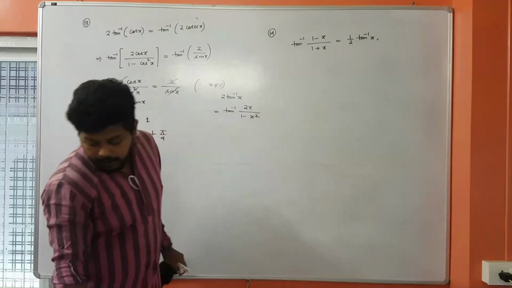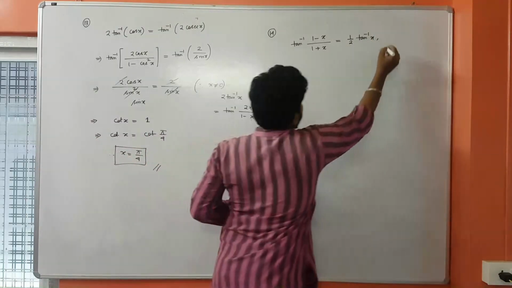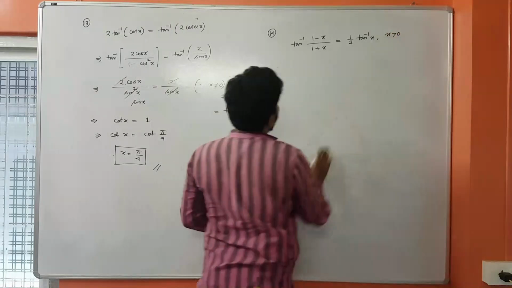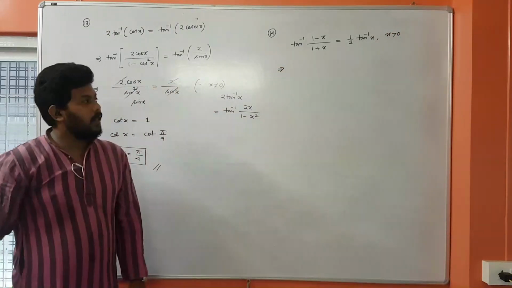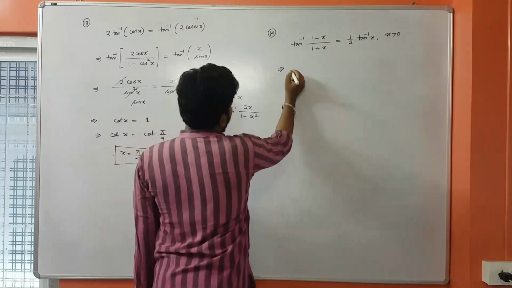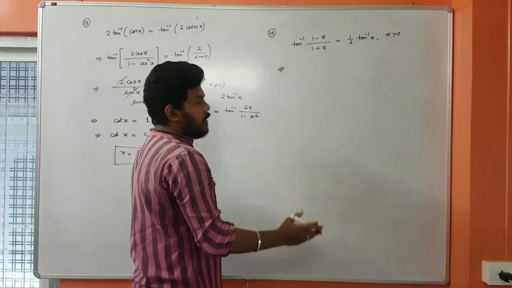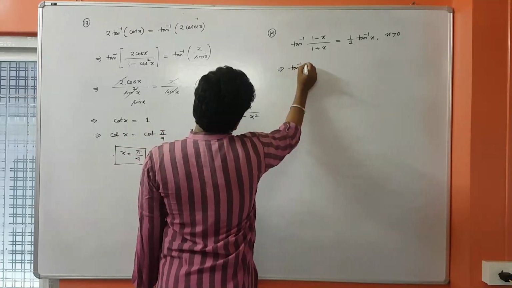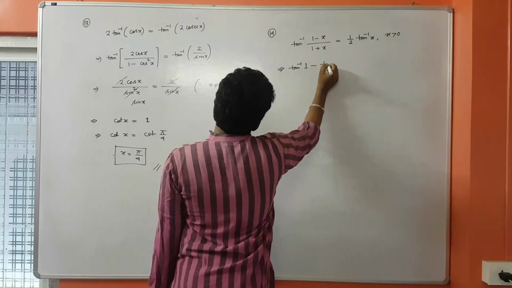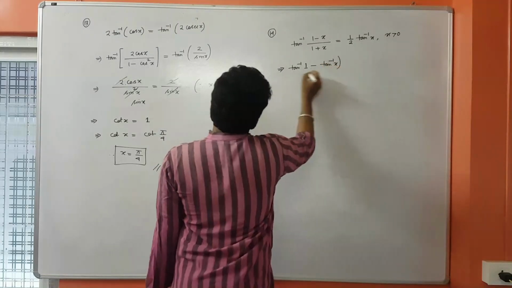You are given a condition: x is positive. Now, let us solve it. This is a very simple question. If I apply the property of tan inverse x minus tan inverse y, we will get tan inverse of 1 minus tan inverse of x.